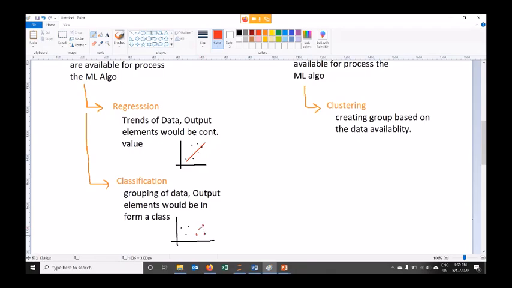Say on the right side I am putting red dots, and on the left side I am having black dots. So in classification we are getting a grouping. One group is this, the other group is this. In the case of regression we are getting a trend line.